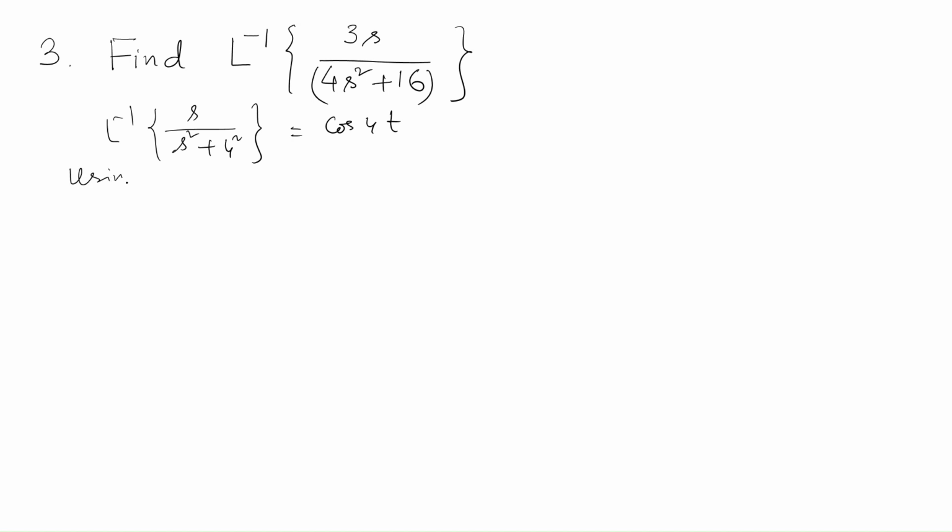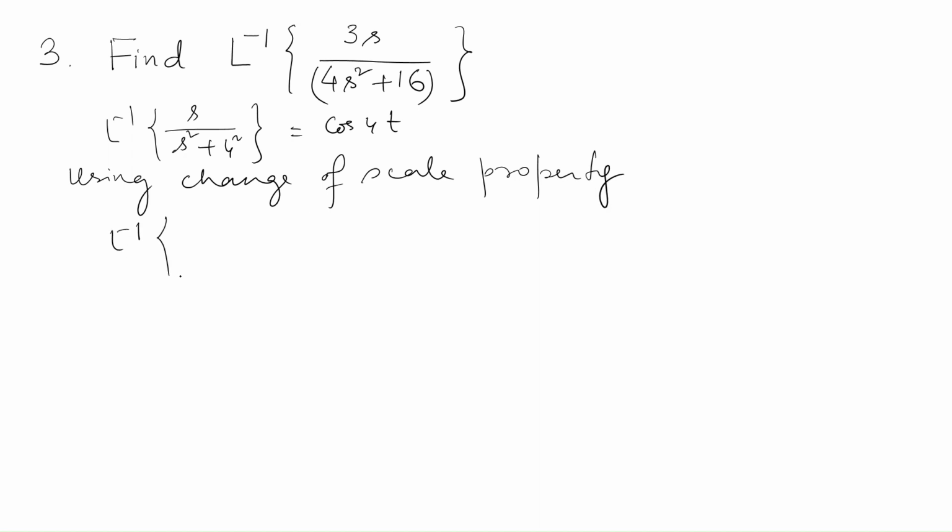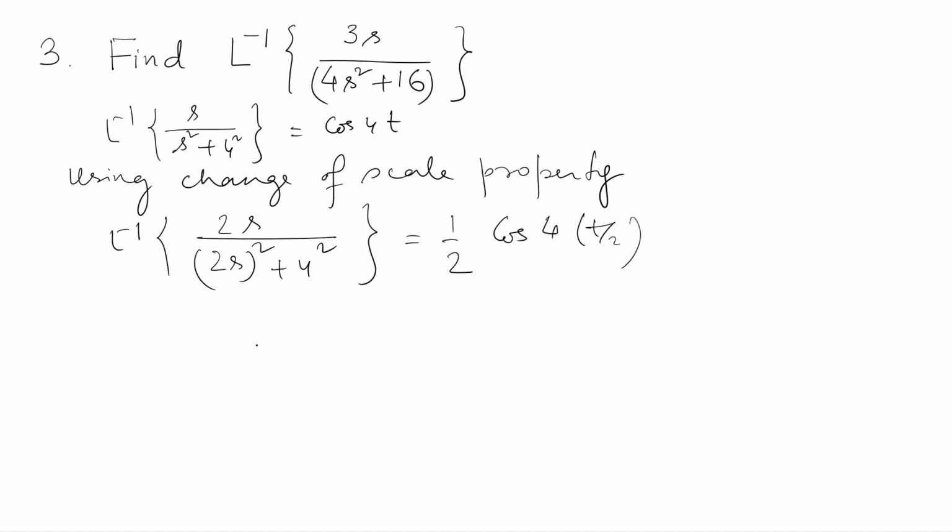Using the change of scale property, inverse Laplace transform of twice s by (twice s) whole square plus 4 square will be half cos 4t by 2, that is half cos twice t.